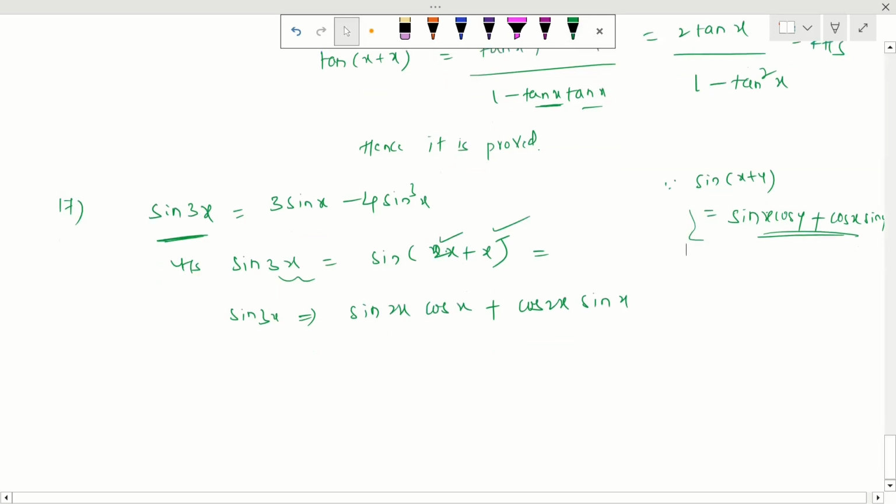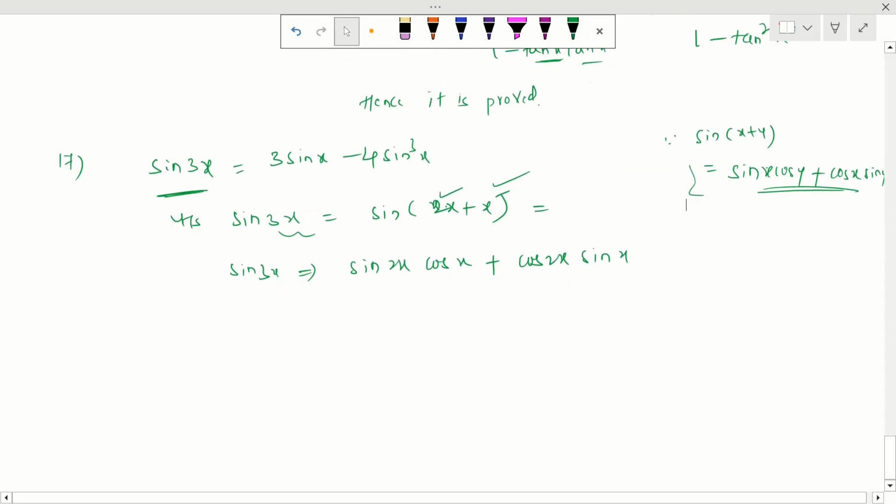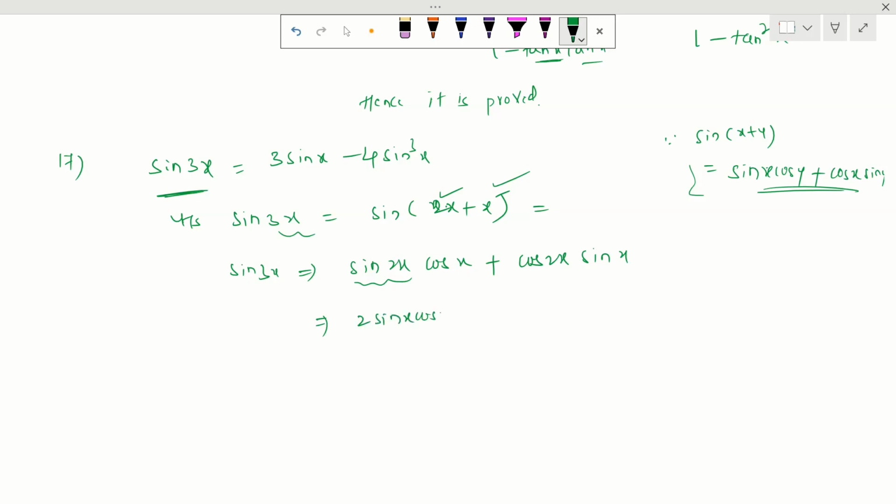Now sin 2x, we know the formula of sin 2x is 2 sin x cos x, and here we need to put cos 2x.